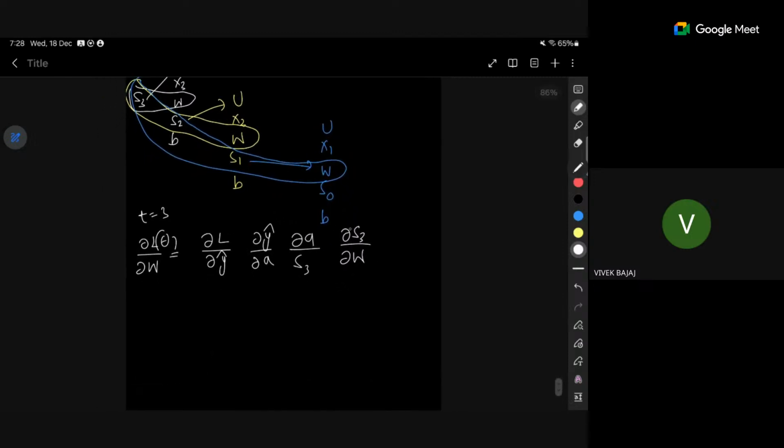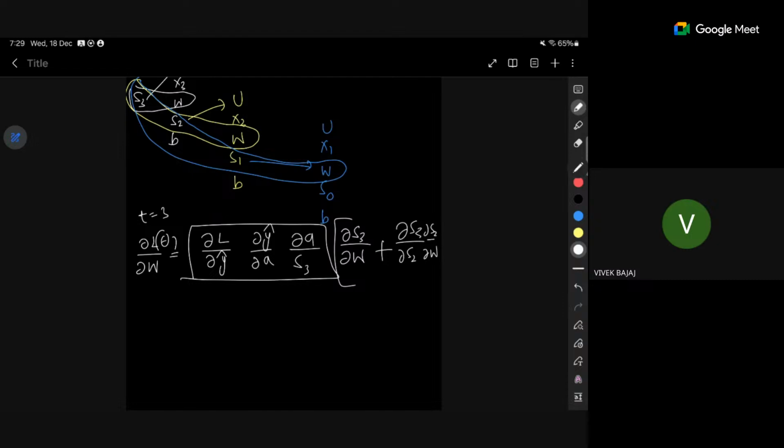And then this remains constant, so this will always be there. Now this one plus, because there are two branches of this, I should have dow S3 by dow S2, and then dow S2 by dow W. This part I should have, and then again something like this, so it will all add up.